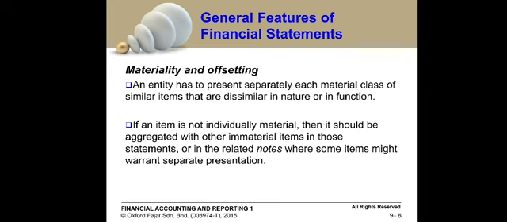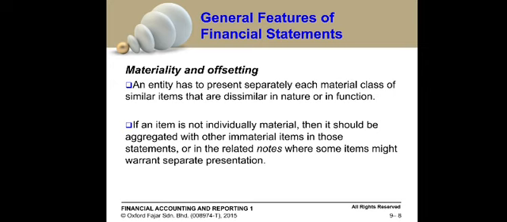Okay, this is about another thing related to the preparation of financial statements for a company. So, materiality and offsetting. Let's see the first point there. An entity has to present separately each material class of similar items that are dissimilar in nature or in function.